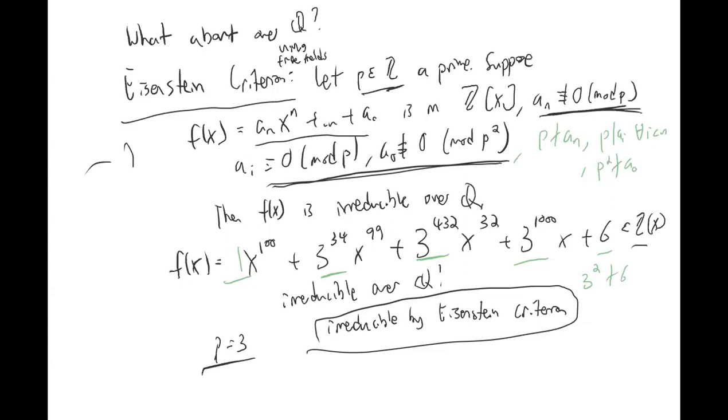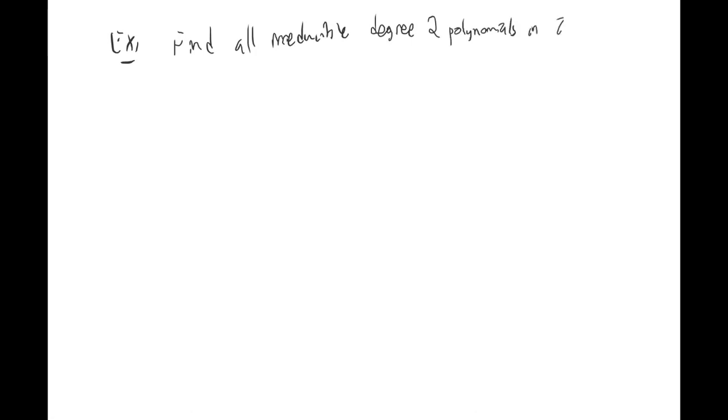Okay. So let's do two more questions and then we can call it a day. Let's do some examples. How about this? Find all irreducible degree 2 polynomials in Z mod 3Z of x.